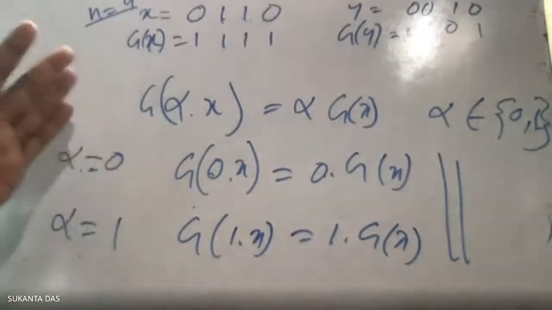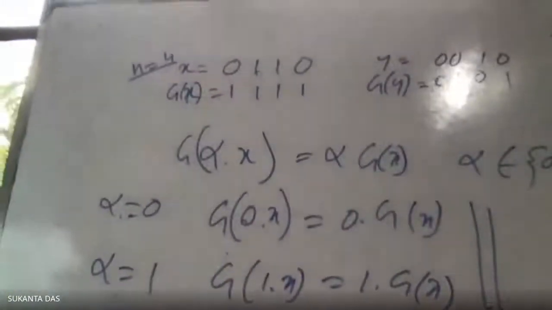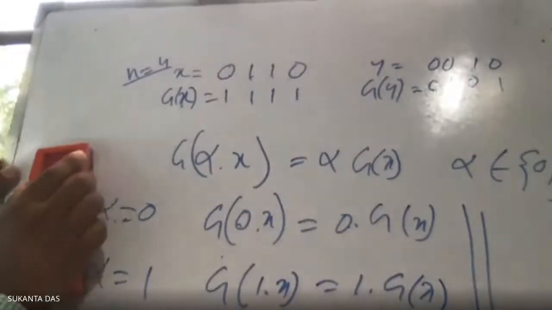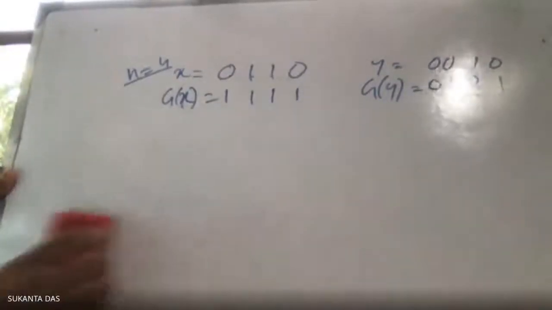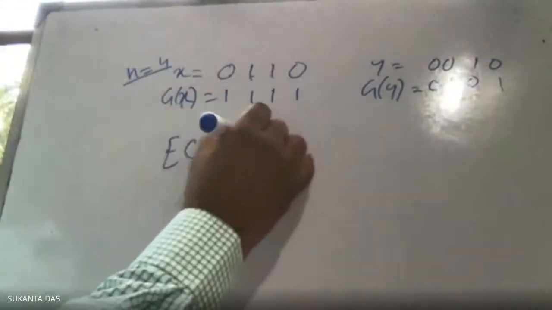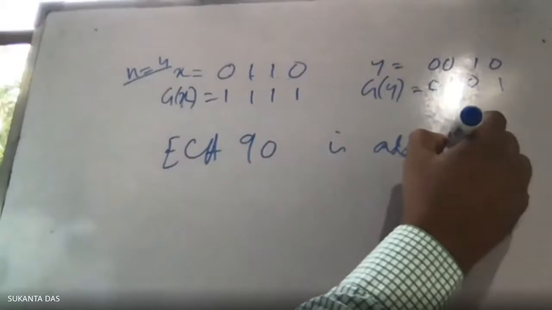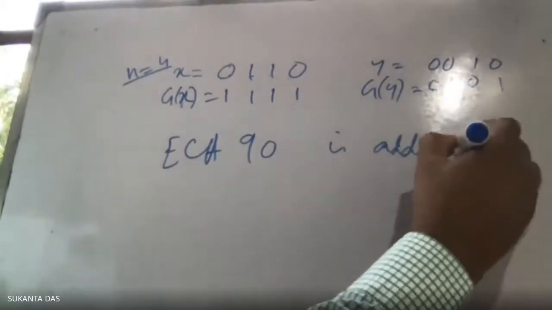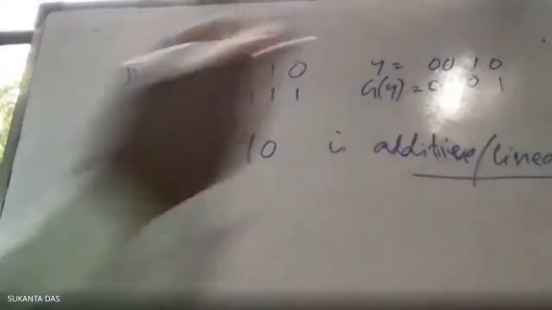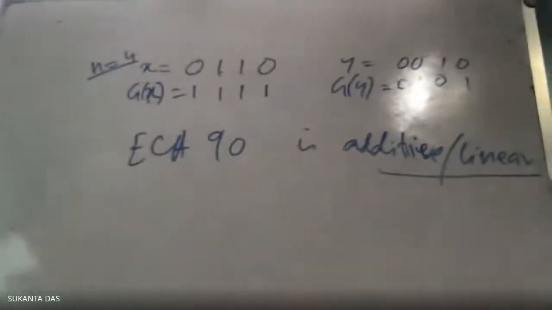So therefore, ECA 90 is additive, or linear, because they have the same meaning actually. If it is additive, then it is linear.